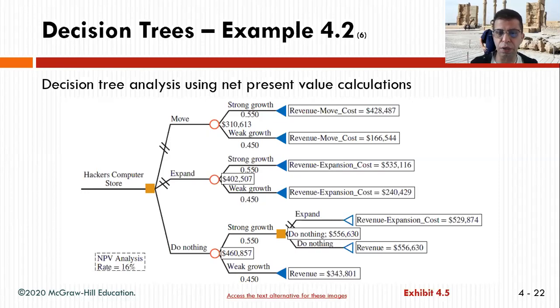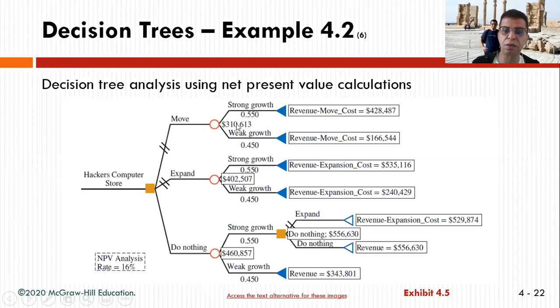If you want to put it into calculation, management will look at this and say, okay, if I'm moving, revenue of move minus cost will be 428 multiplied by 0.55, and revenue from move minus cost in the weak growth will be 166.54, because we already implemented the NPV value.